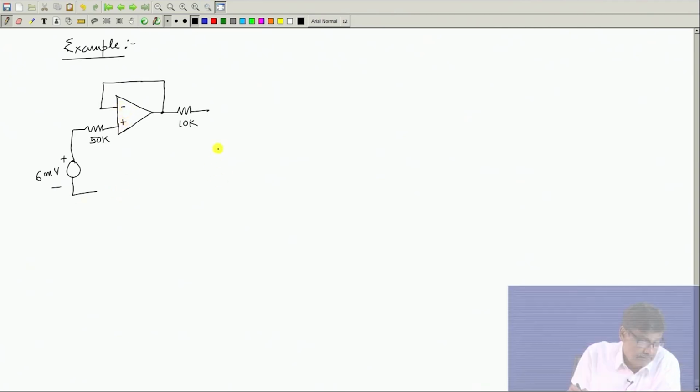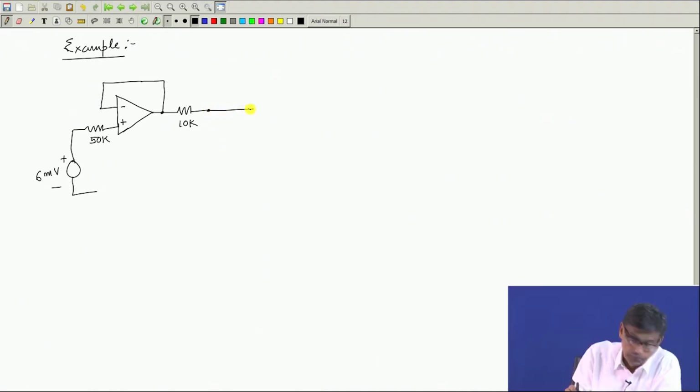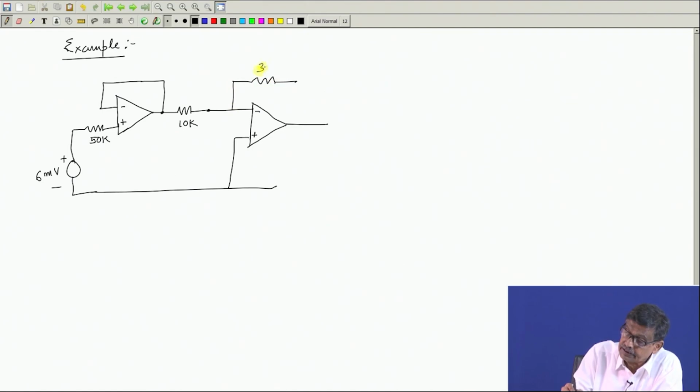Now, the output of this op amp is fed to another op amp, whose inverting and non-inverting terminals are connected in this way. And does a negative feedback exist here? Yes, for this also, 30 k, some values are given.